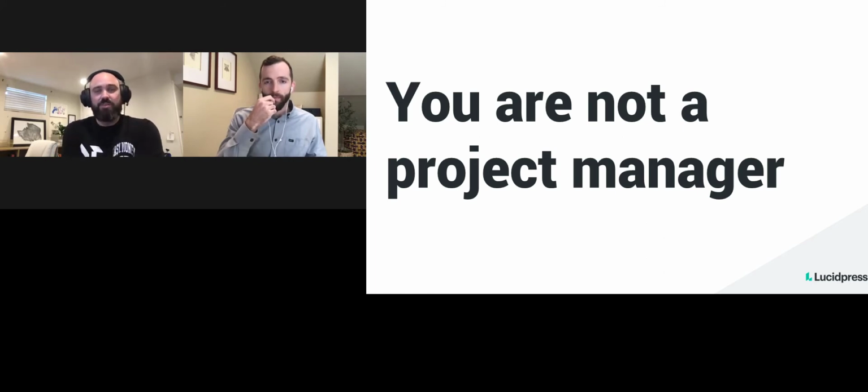One of the things we've had to do is lean on other people on our marketing team to act as project managers, and to get that role off of our plate so that we're not having to filter everything and move projects around in Asana. Because if you do too much project management work, you're never going to get the creative work in, and that's really where your value is in being creative.